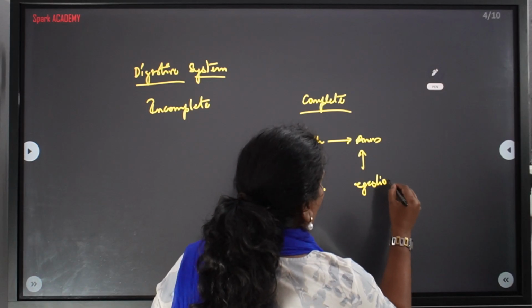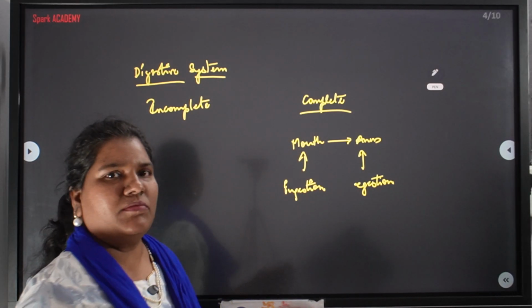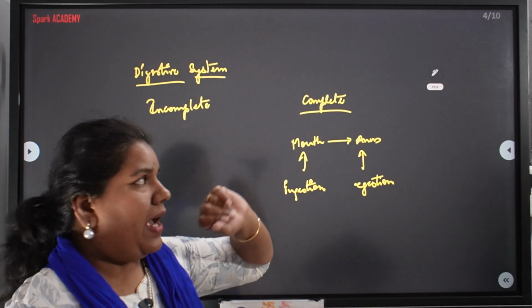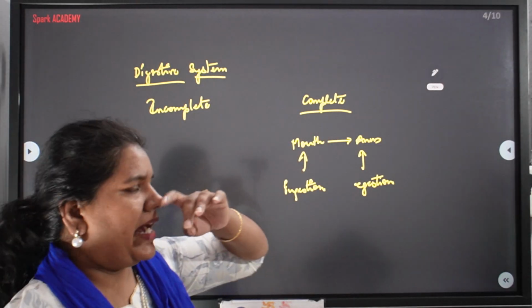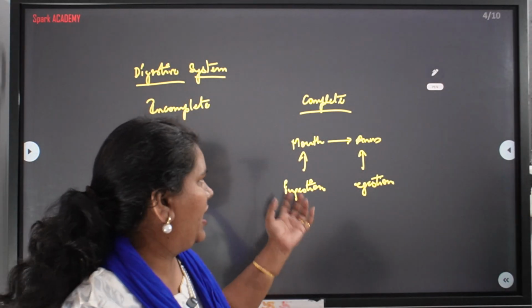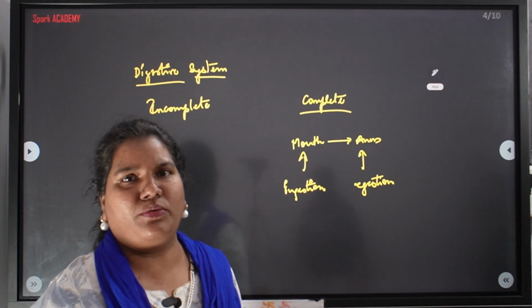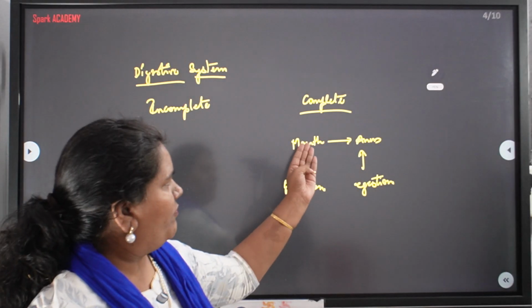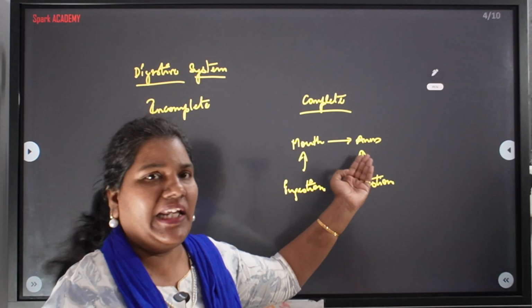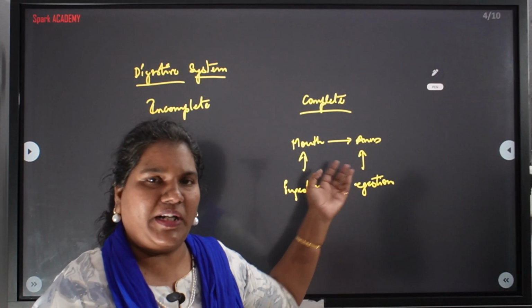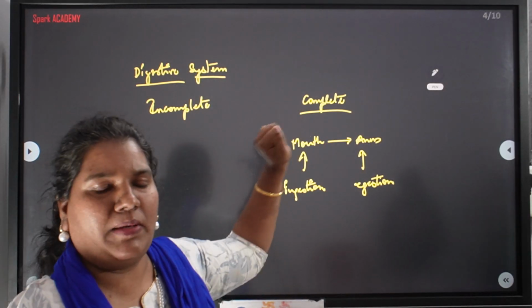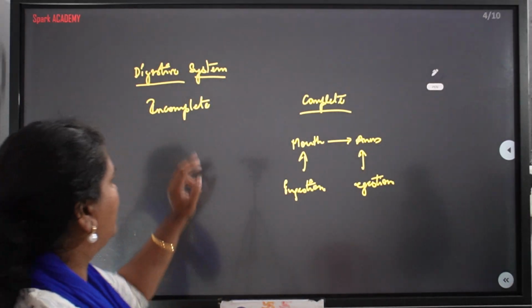Egestion. Egestion ante entama? The waste material comes out of the anus. So complete digestive system ఉన్న animal లో two openings ఉంటాయి. ఒకటేమో for food to intake, the other is the waste material coming out of this opening. And then mouth nunchi anus varaku there are many other organs present in between.